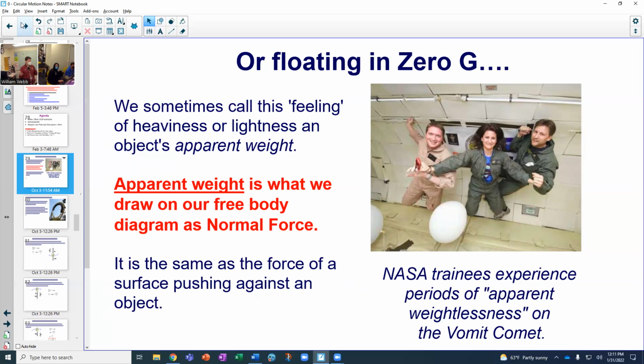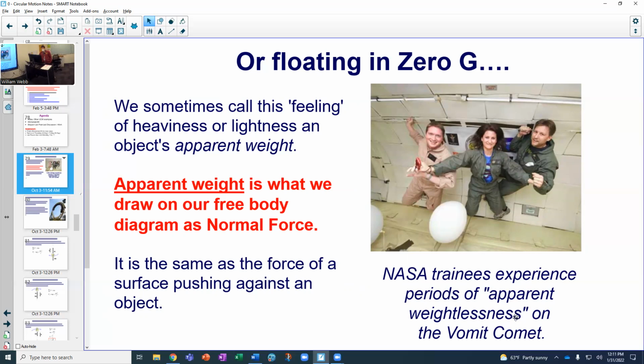Obviously their weight didn't vanish. They still have weight, and obviously they are not in space because I just told you they're in a plane. It's just the fact that the ground isn't lifting them at all. It's not bearing their weight. So they feel weightless, and you can see balloons and stuff floating around. Whenever we talk about apparent weight, it's the normal force.